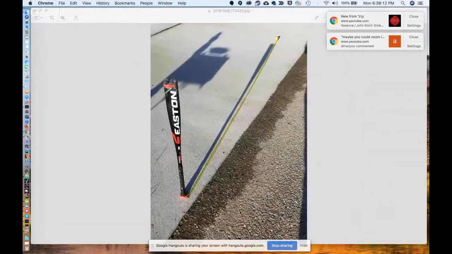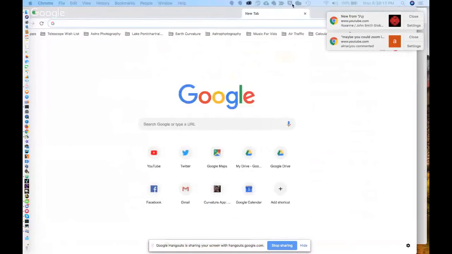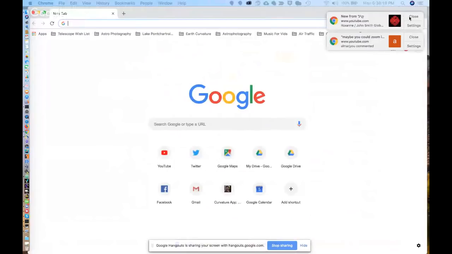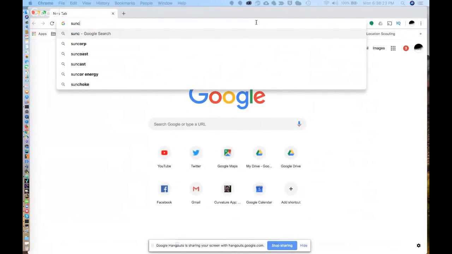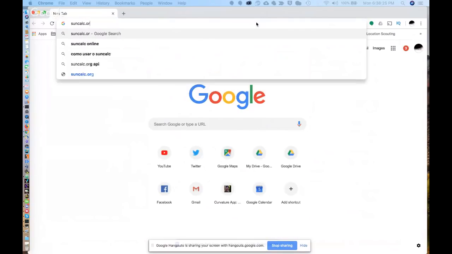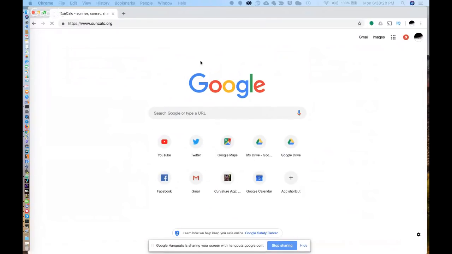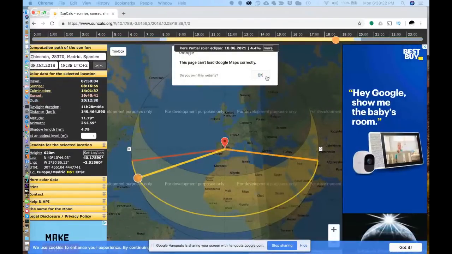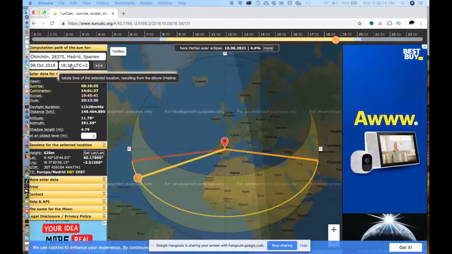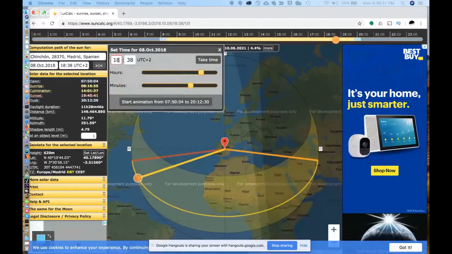So based on the 5:25, we need to get some data from the internet, from SunCalc. And set this up for 1725. Oh wait, it's on UTC plus 2.